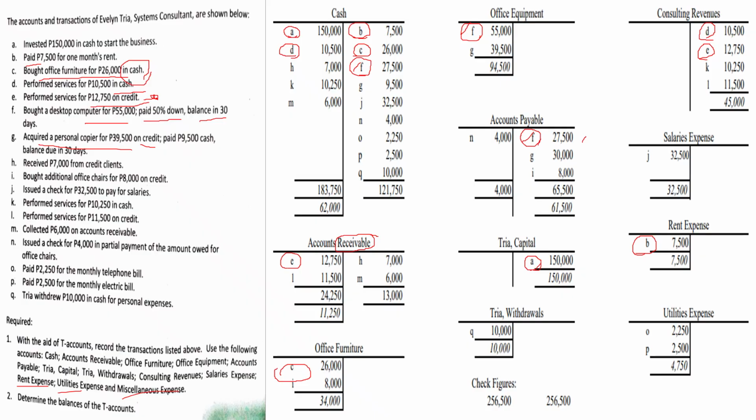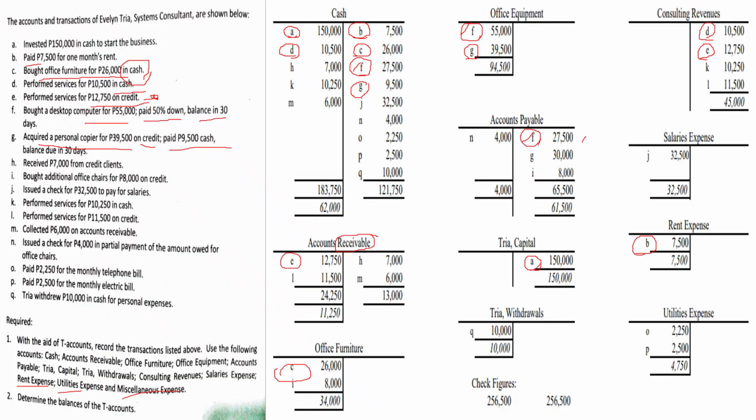So we place it as a debit. Our office equipment T account, letter G, we have a debit of 39,500. And then it was stated that we pay 9,500 cash. So 9,500 cash is a credit to cash. So we reduce cash in letter G.